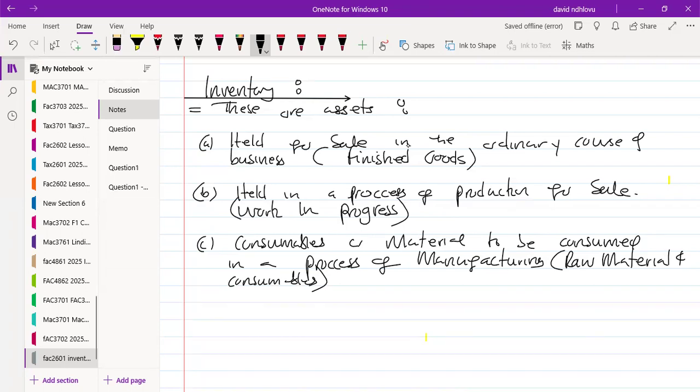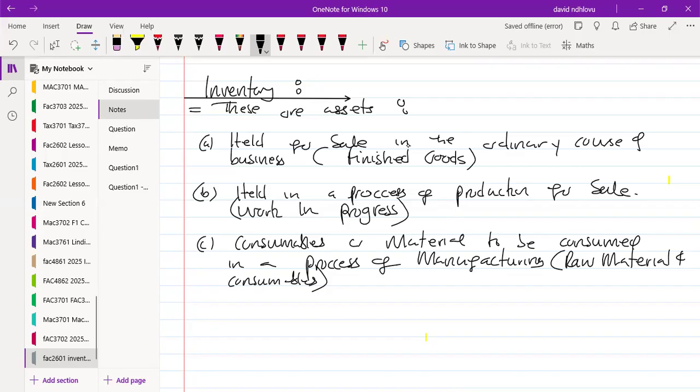Consumables are those things that don't form part and parcel of the product that you manufacture, but are consumed in production. For example, you need oil for the machines, grease for the machines, and cleaning chemicals to clean the machines.